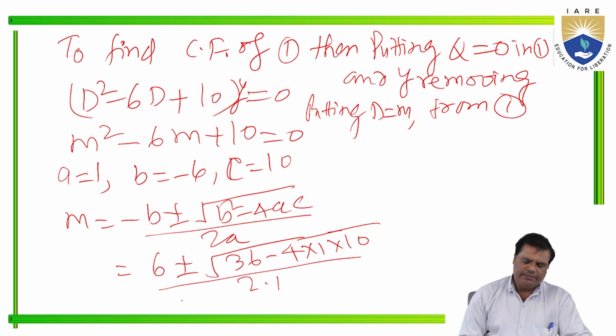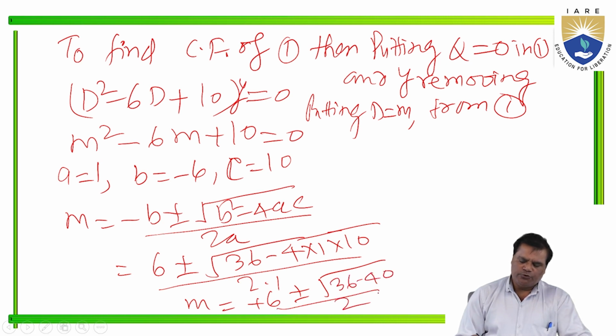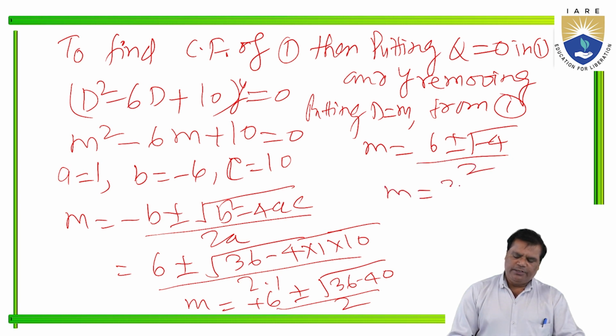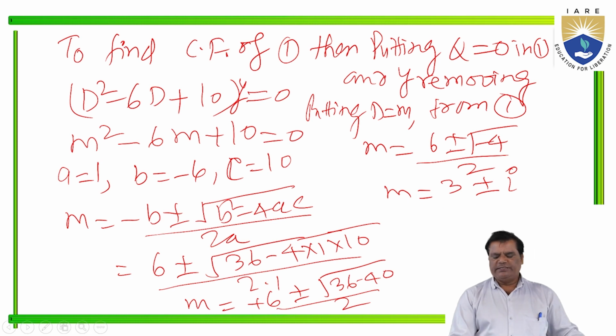So m is equal to 6 plus minus under root minus 4 upon 2. So m equals 3 plus minus 2i upon 2, 2 cancels, giving 3 plus minus i.